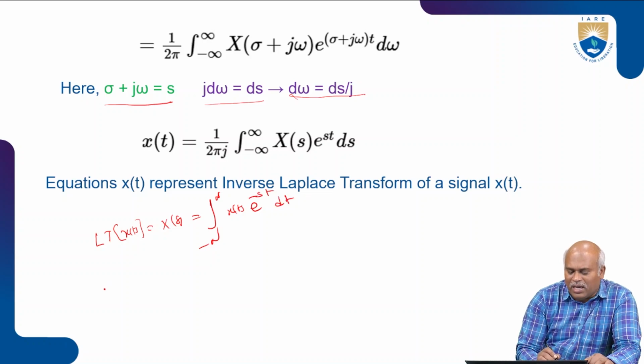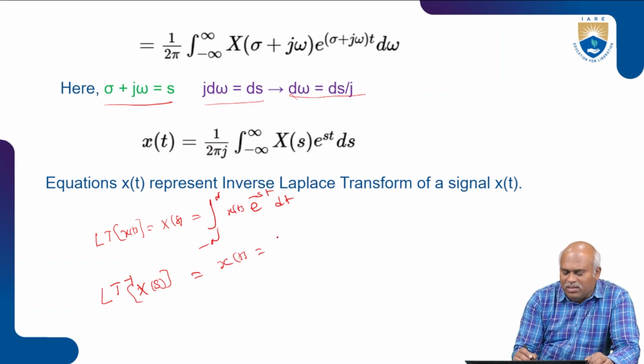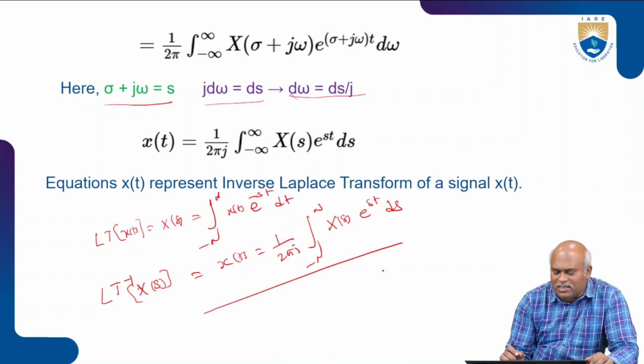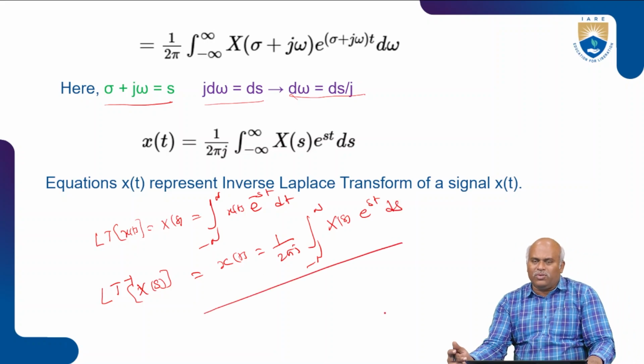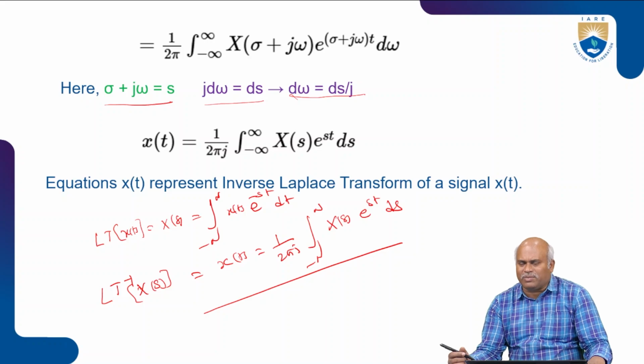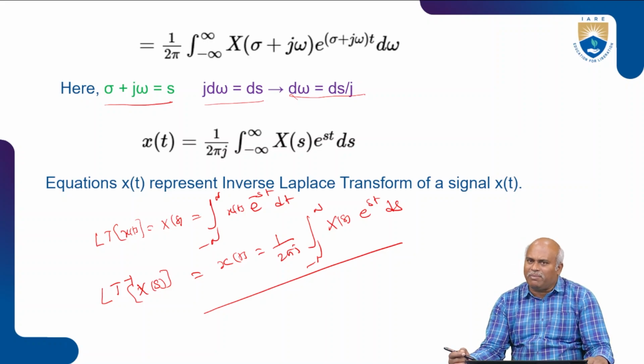At the same time, the inverse Laplace transform of X(s) equals x(t), equal to 1 by 2 pi j integration from minus infinity to plus infinity X(s) e power st ds. These are the two equations of the Laplace transform as well as the inverse Laplace transform.